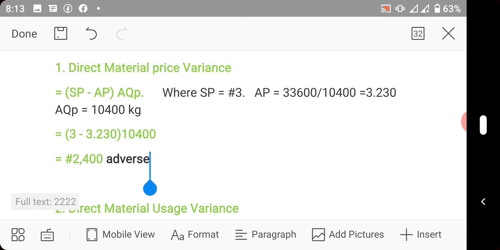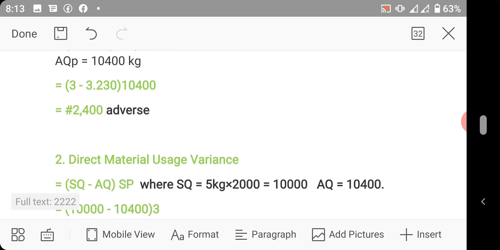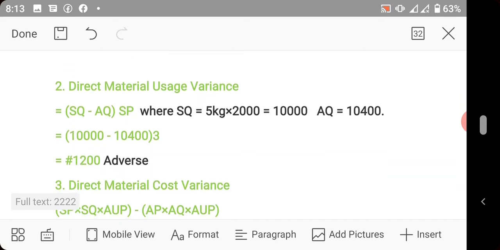Now, this is just an introductory part of what we are doing. In that regard, we have direct material usage: standard quantity minus actual quantity times standard price. Where standard quantity is 5 liters, remember, to produce the standard units we must use 5 liters.